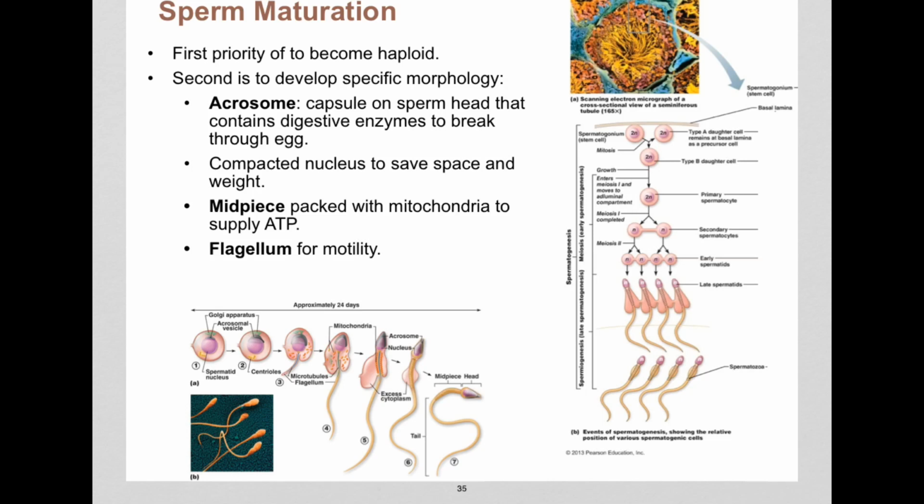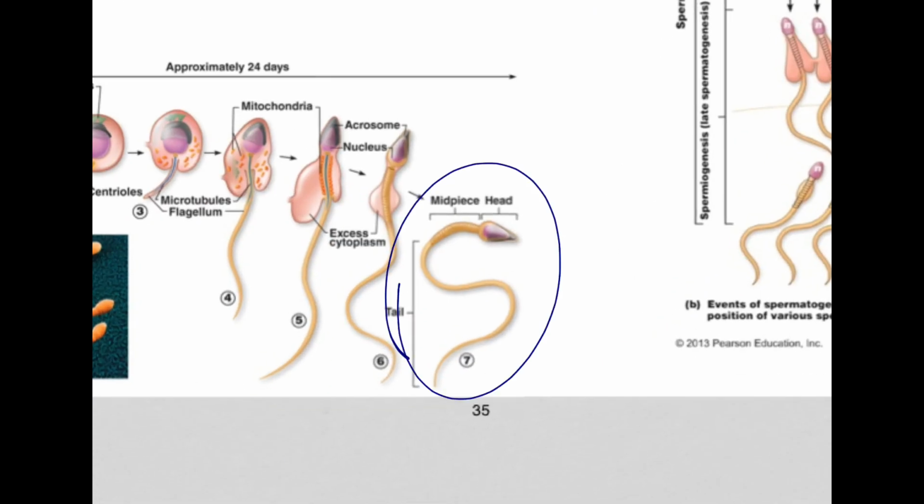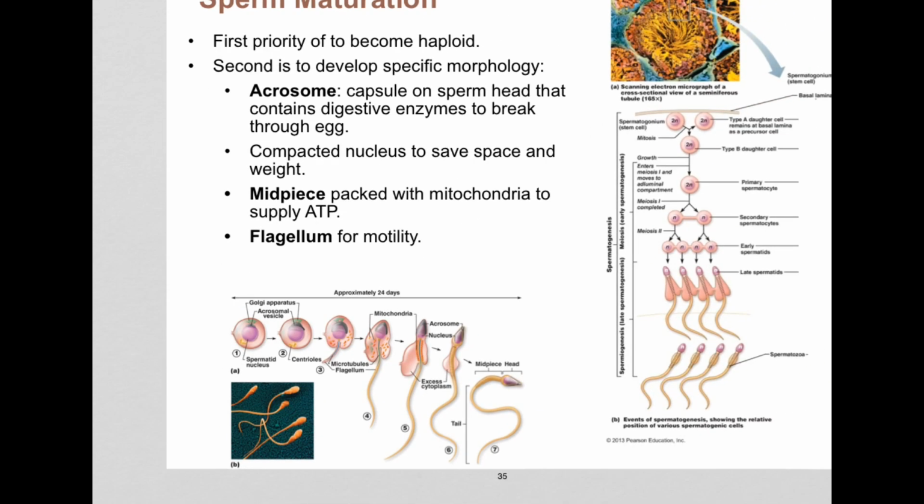Okay, so while those cells are going through this process, they're changing their shape. We call this morphology. The cells are going through morphogenesis. And they have to convert themselves from these normal, round-looking, nondescript cells to a very unique, very polarized cell. If you look at a sperm cell, you'll see a couple things.